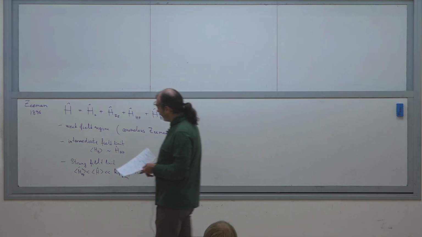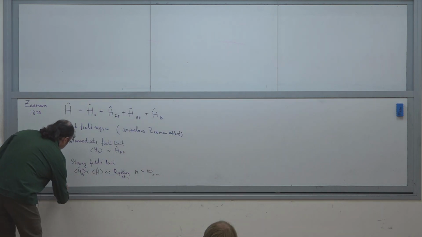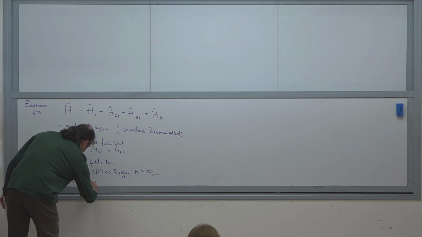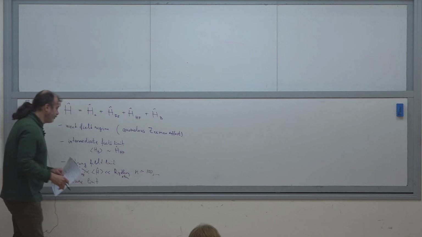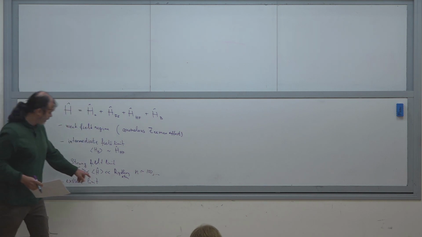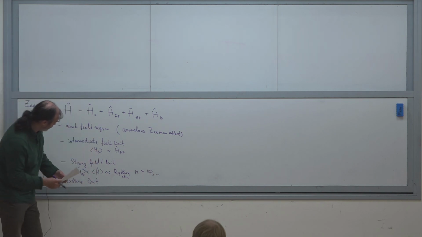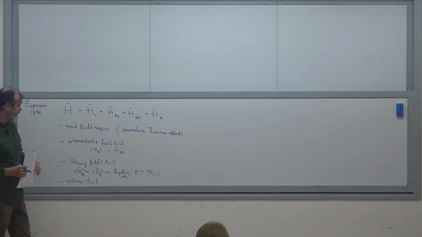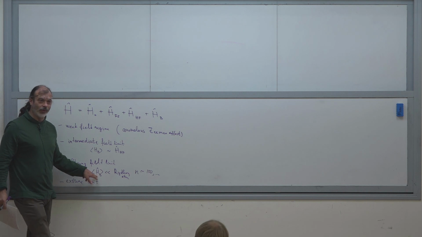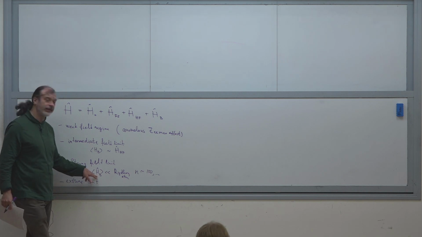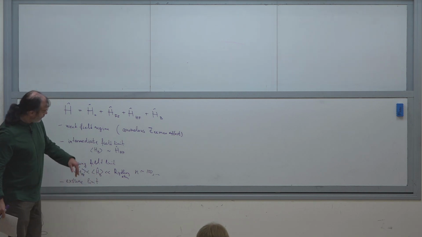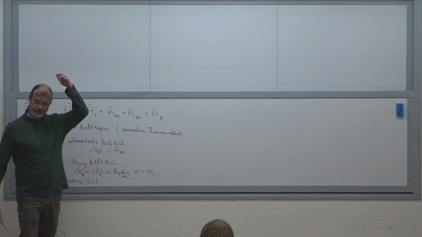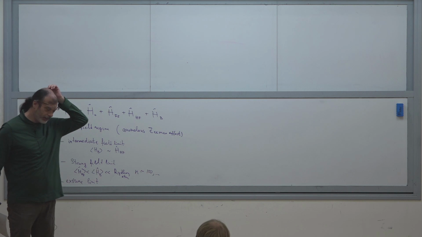This is the regime of the extreme limit. The extreme limit is when the B Hamiltonian, or this energy related to the magnetic field, is of the order of a Rydberg atom. So it's a really strong magnetic field.